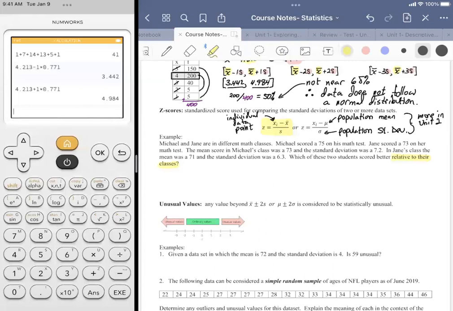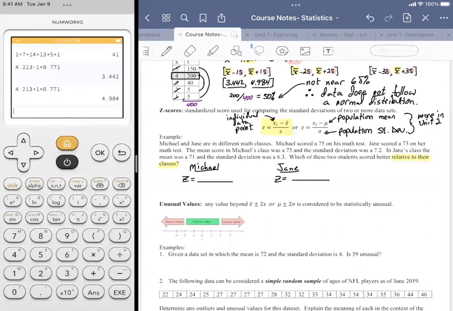All right. So what we do is we compute the z-score for each one of them, Michael and Jane. We're going to find the Z in both cases. Now that Z-score goes back to that ruler analogy I used last class.